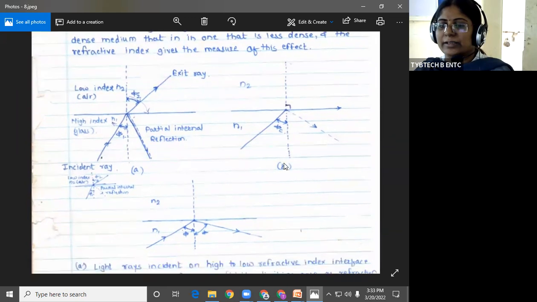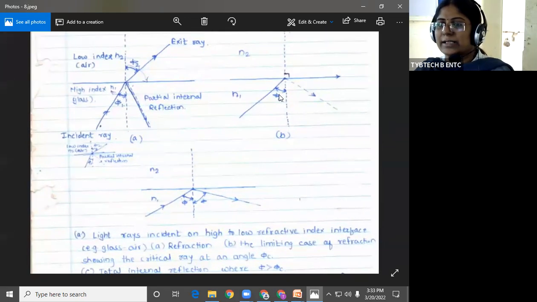Then third, if the angle of incidence is equal to the critical angle, the angle of refraction is 90 degree. If the angle of incidence is greater than critical angle, then what will happen? It will be greater than 90 degree. And greater than 90 degree means it will enter again in which media? Core or cladding?